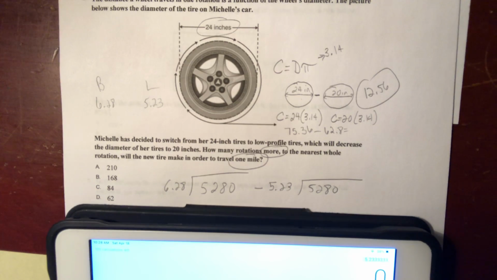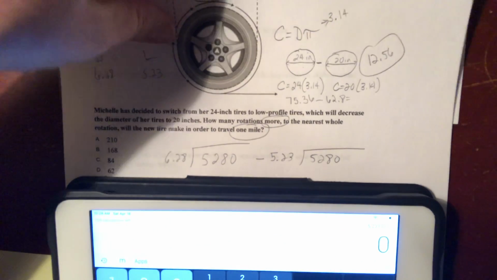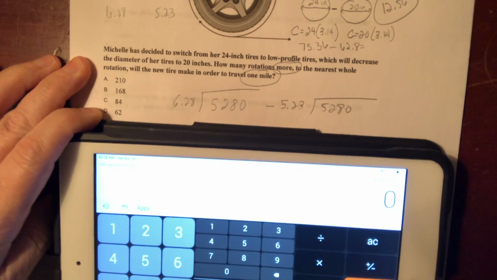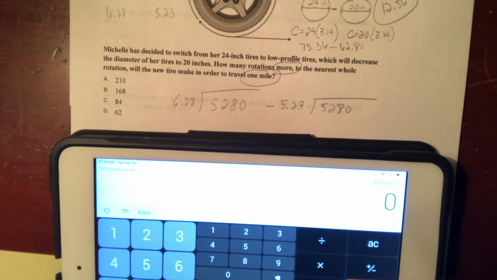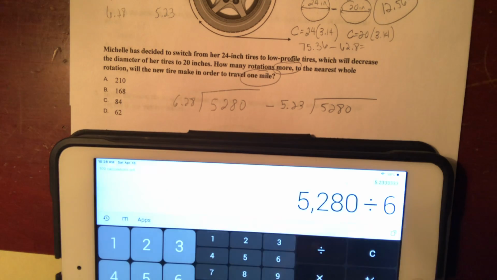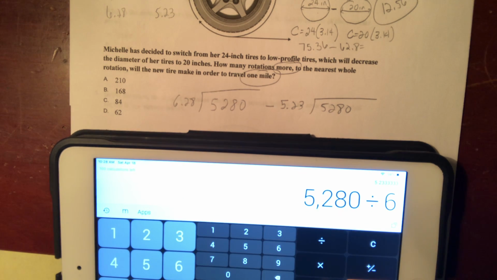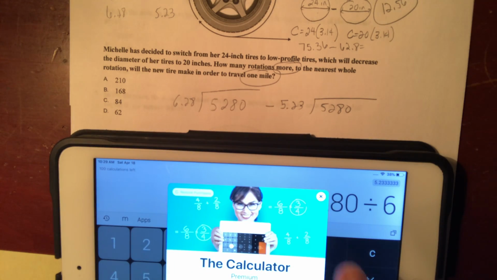All right, so let's do this. I wrote it like this, but I'm going to put it in my calculator kind of backwards. 5280 divided by 6. Where's the point? This is annoying, folks.